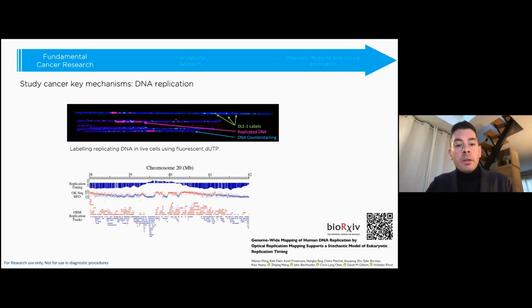And this can be done by incorporating fluorescent nucleotides in live cells to label replicating DNA on top of the DLE-1 labeling pattern that we apply on the genome, and this maps replication fork progression genome-wide. And here, this has been used to measure the replication timing on chromosome 20, as you can see in this figure.